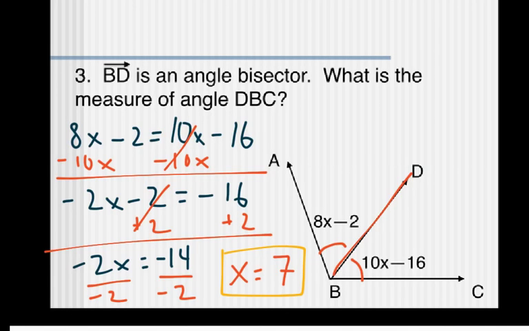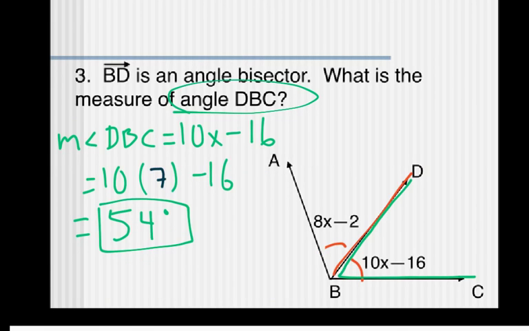If you got x equals 7, great job! Go back and read the question though. They're not just asking what x is, they're asking for the angle DBC. So plug that back in. If you get 54 degrees for your answer to angle DBC, great job! You are now done with today's notes and are free to start today's homework assignment listed on Schoology.